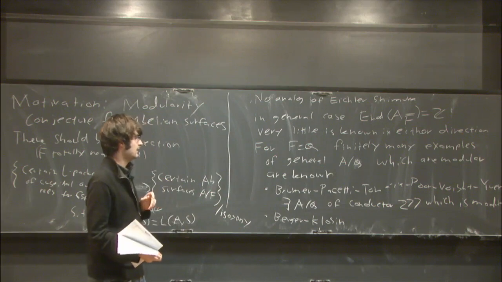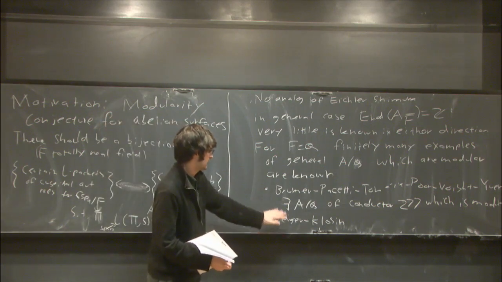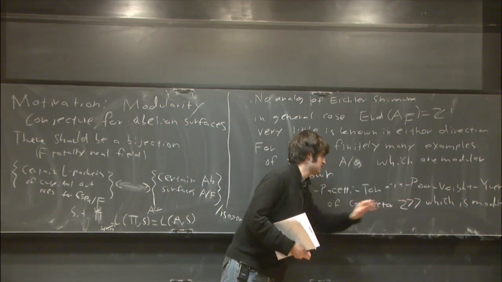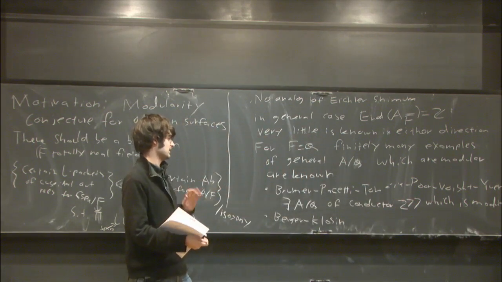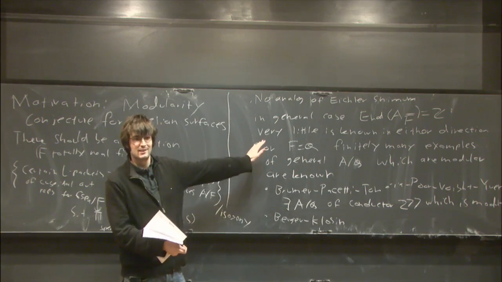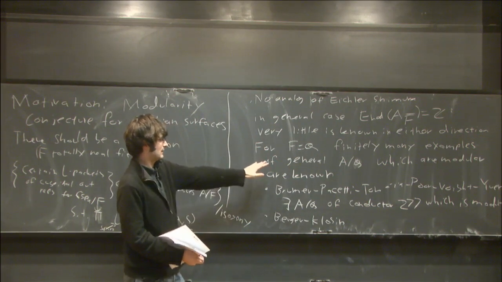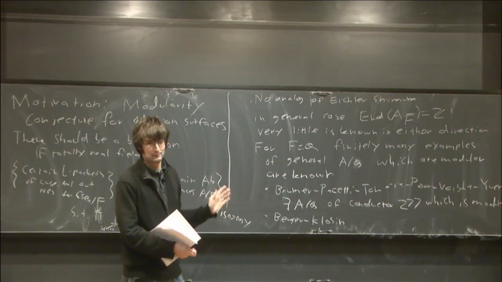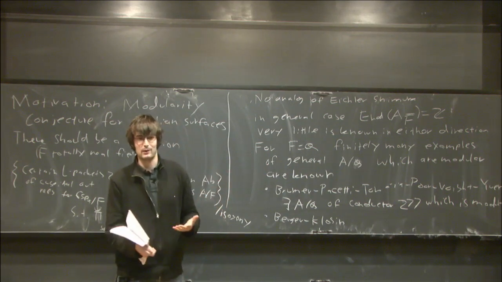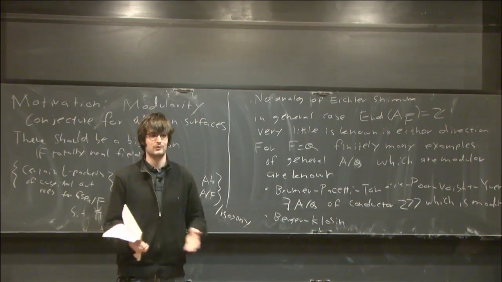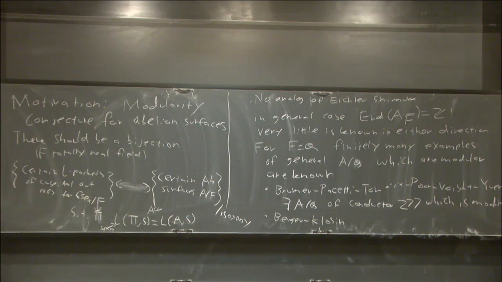They are at least capable of giving a different method of proving that some particular abelian surface, I can't remember what its conductor is, is modular. I think it's accurate to say that we only know that there are finitely many general modular abelian surfaces up to twist. And in all cases where one has been proven to be modular, it's been done by finding the modular form first, and this is done computationally.